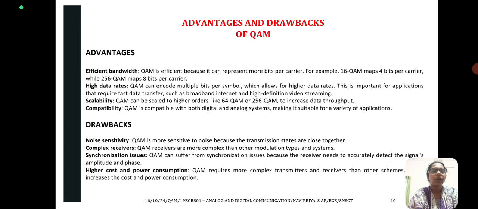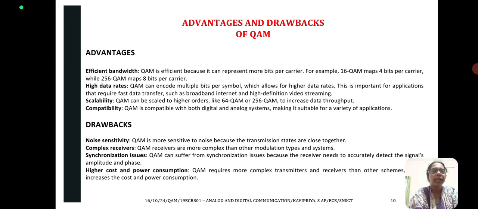Next, what are the advantages of quadrature amplitude modulation, its drawbacks and applications? The advantage is efficient bandwidth. QAM is efficient because it can represent more bits per carrier. For example, 16 QAM maps 4 bits per carrier while 256 QAM maps 8 bits. It has a high data rate.